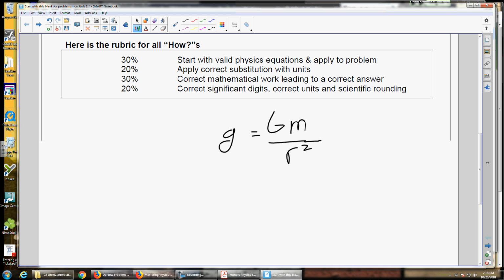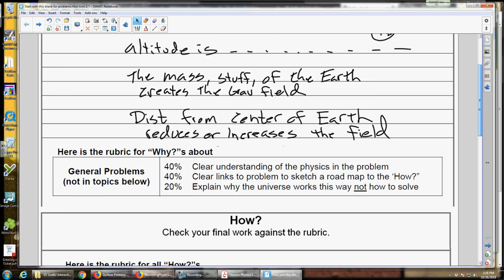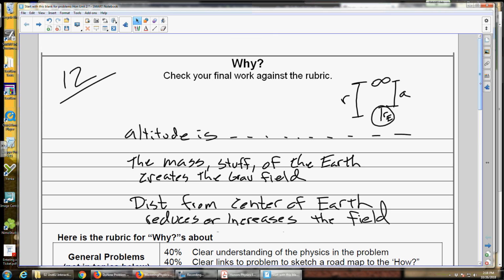So now I need to substitute in, and I'm looking for the altitude. And as I see from my diagram here, my radius is my altitude plus the radius of the Earth. Because it's how far it is from the center of the Earth to that satellite.